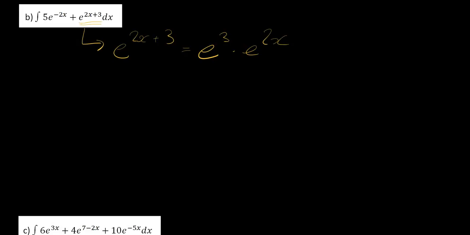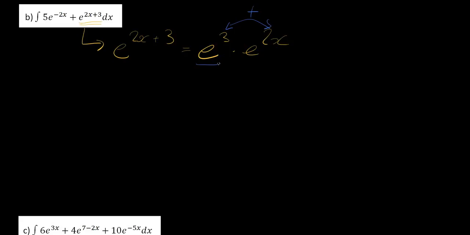Because remember that with your index laws, if you multiply 2 terms with the same base, the indices simply get added to each other. So you can actually separate it into 2 different terms and multiply them.